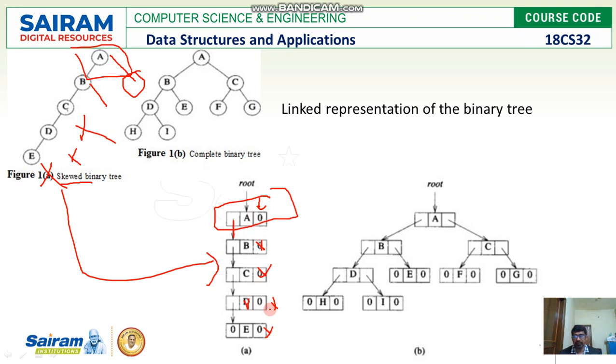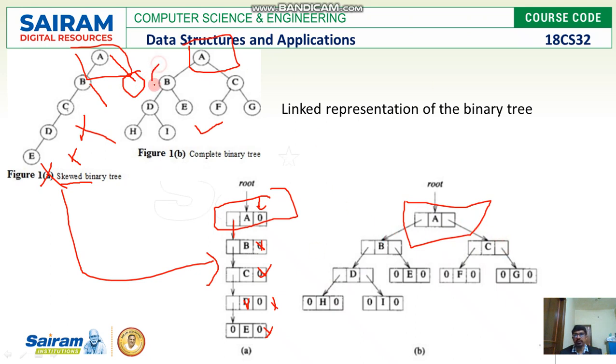Let us see the second one, a complete binary tree. As usual we start from the first node, the root node, which is divided into three parts. The left is for the left subtree and the right is for the right subtree.